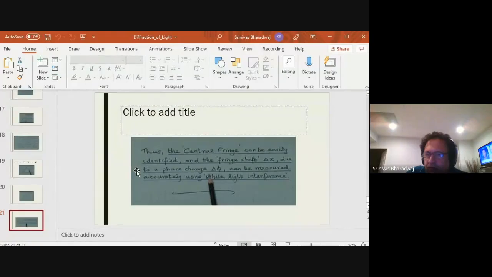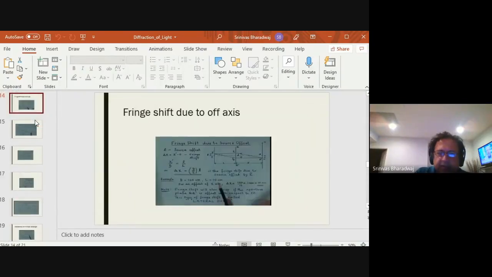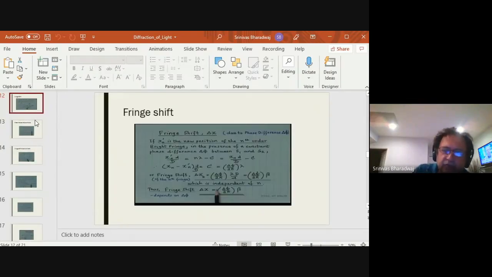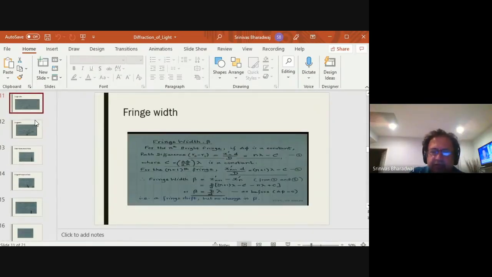Okay, so this is the thing with Young's double slit. A lot of involved ideas in Young's double slit. But the main geometry, please understand, is the one that matters. D by d times lambda. Remember that, and the beta. You remember the fringe width. How to calculate the fringe width, and then the fringe shift, right?